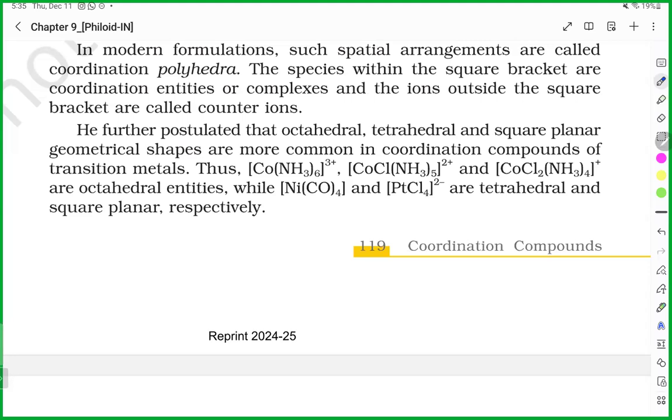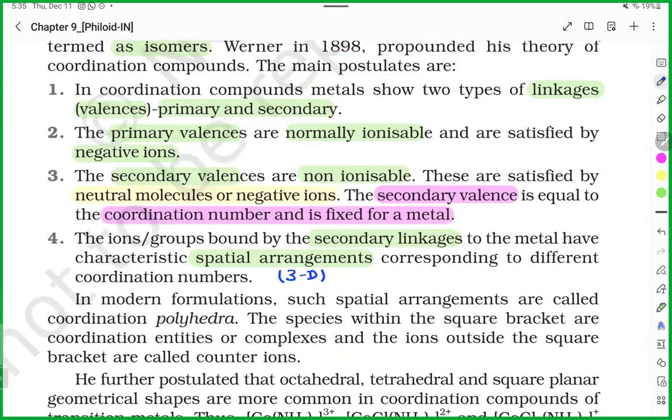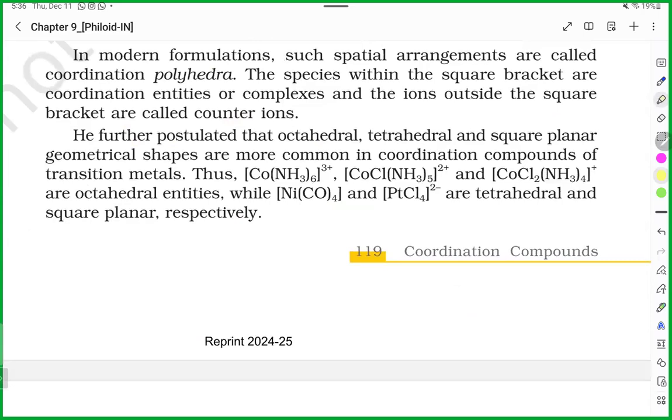He gave two valencies, primary and secondary.